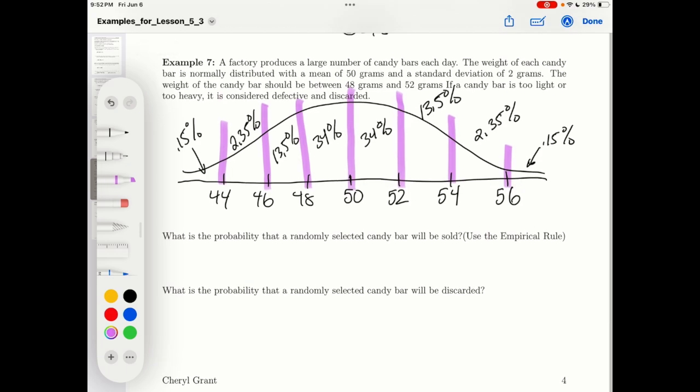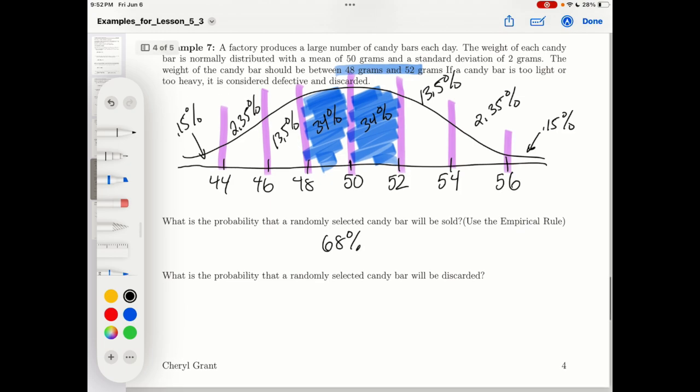Meaning it's not going to be discarded. So we're looking at anything that's between 48 and 52. That's what's considered the normal weight. Anything outside that gets discarded. So our answer for this, if we take 34 and 34, that's 68%.